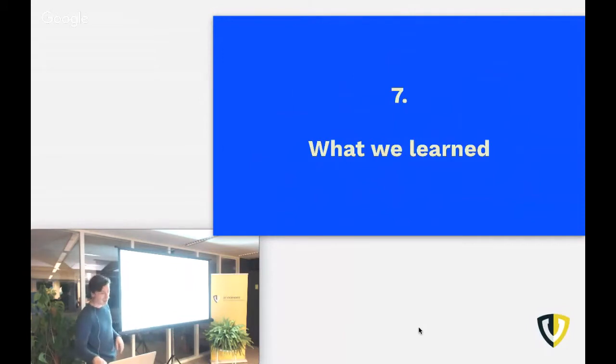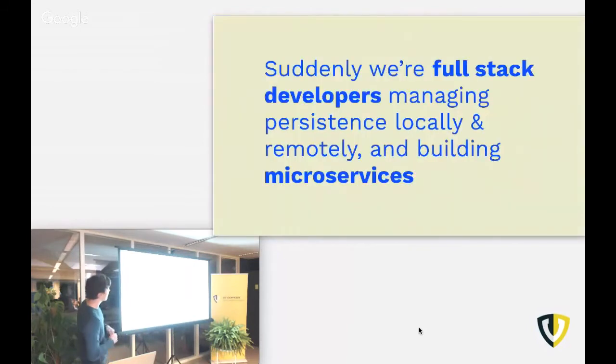This is an important one, because suddenly we're sort of full stack developers, and we're managing persistence locally and remotely, and we're also building microservices. So we went from writing CSS and maybe a little JavaScript to actually having databases that we need to manage locally, and we need to manage storage and also clean up, because your IndexedDB can get fuller and fuller, and at some point your cache is going to give out.